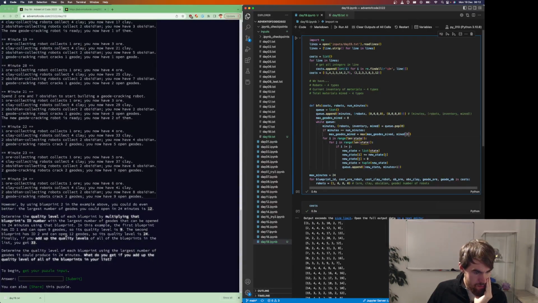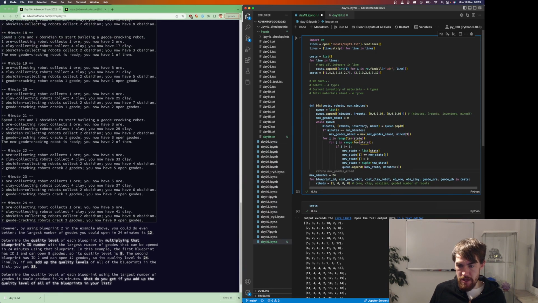Right. So we need to determine the quality level of each blueprint by multiplying that blueprint's ID number with the largest number of geodes that can be opened in 24 minutes. I can open 9. Yeah, okay. You add up the quality levels of all the blueprints in the list, you get 33. Okay.